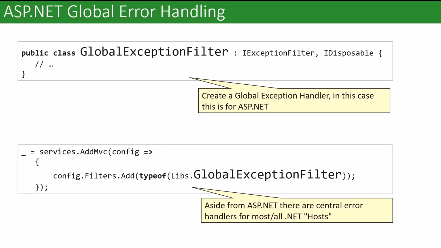So there's a specific one for ASP.NET that works at the level of a filter on each request. And the great thing about that is that request A can explode and invoke the global exception filter. You can do whatever penultimate handling you need to do in there. And then the next request over here could succeed and not invoke this code.